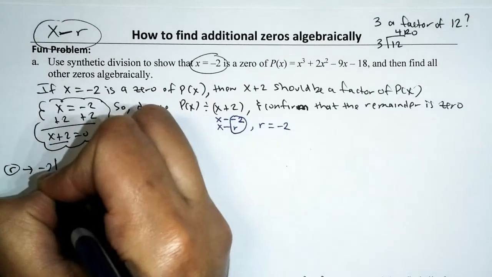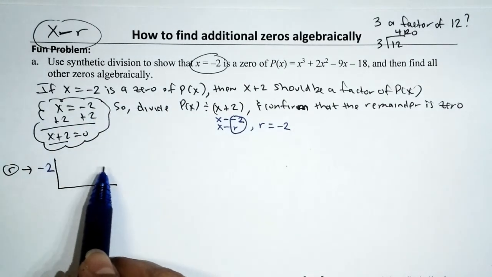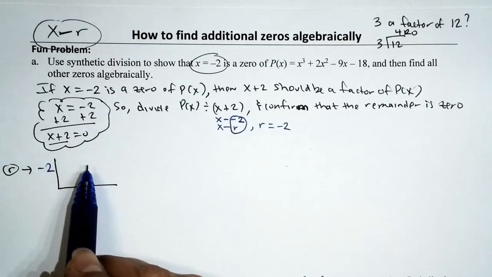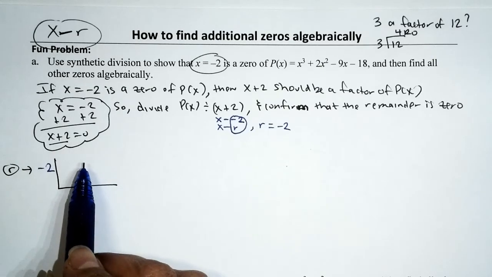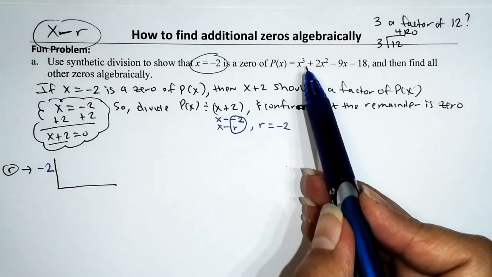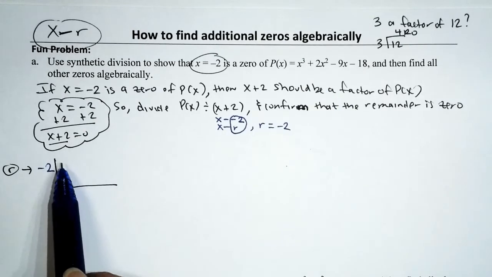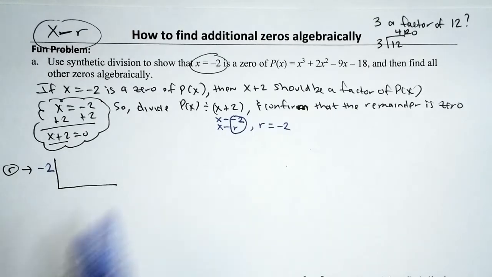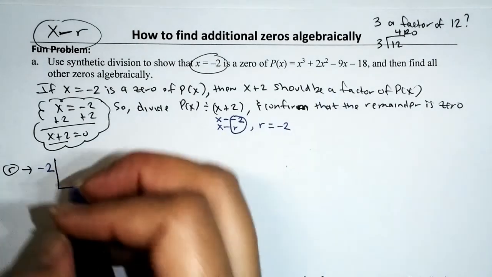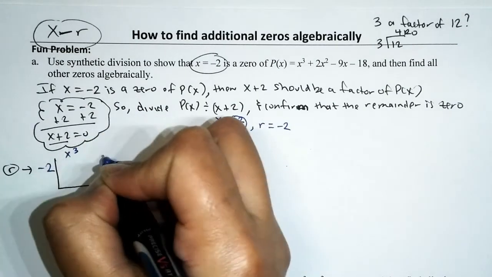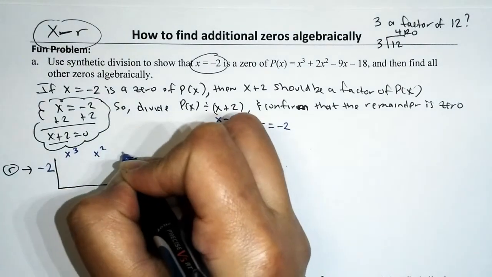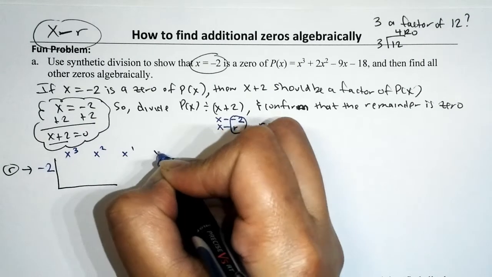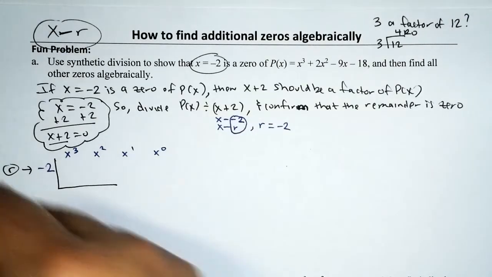For the top row, we're going to put the coefficients of the variable terms. The degree is 3, so we need degree 3, 2, 1, 0. Blast off. Let's highlight the degrees. We have an x to the third, x to the second, x to the first, and a constant, which is our degree 0 term.